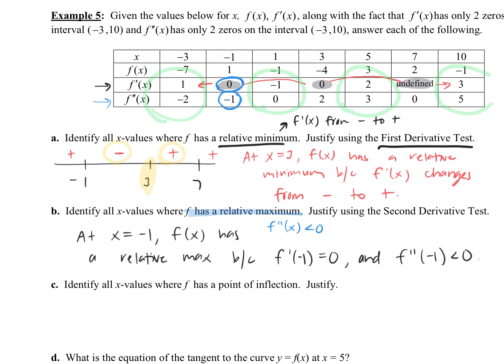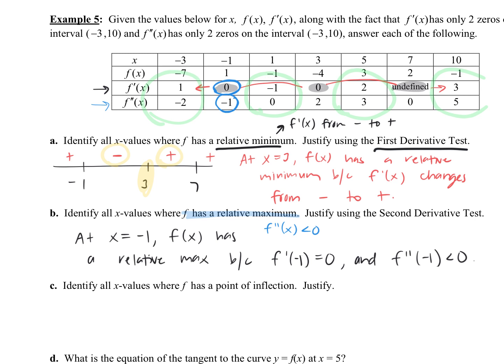So, looking back at our table up here, on my second derivatives, let's just make a little chart. I think that might help us see it a little bit easier. So this is going to be my second derivative chart, and I'm looking at when my second derivative is equal to 0. So what numbers am I going to put on this chart? 1 and 7.